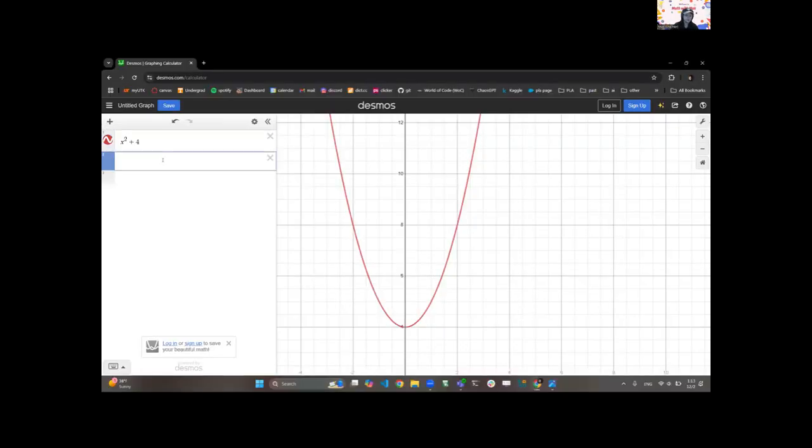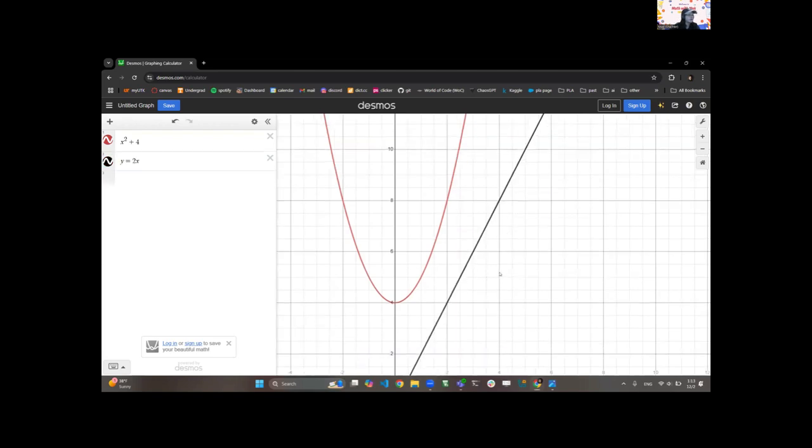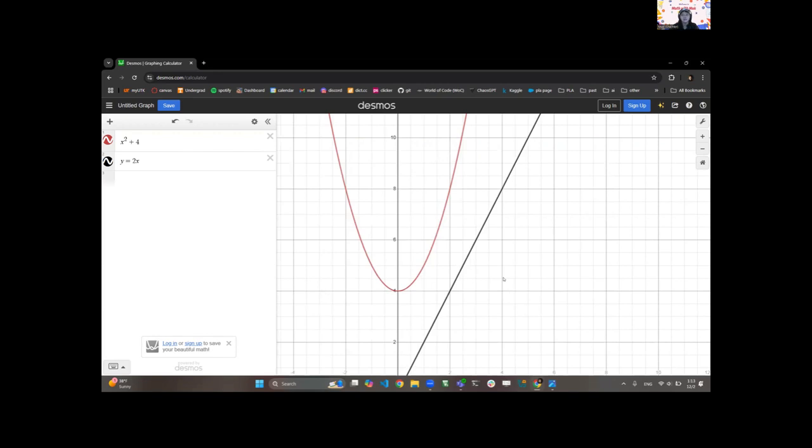So let's say we just did y equals 2x. Well, this isn't quite right, because for it to be a tangent line, it needs to intercept with the point that you're looking for. It's like if I asked you to kick a ball into a soccer goal, you have to account for the foot kicking the ball, right? Otherwise, you're not kicking the ball, you're kicking the air next to it. So you have to include your point.